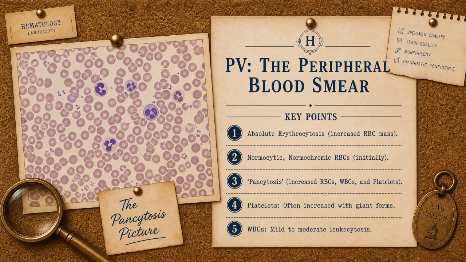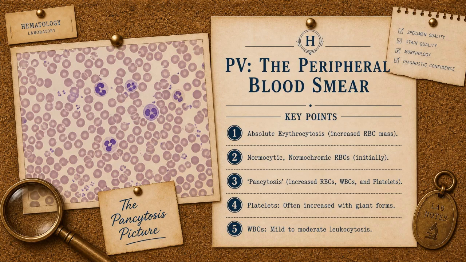Regarding RBC morphology, initially, the red blood cells are typically normochromic and normocytic. However, due to chronic overproduction, patients can develop iron deficiency, leading to hypochromic and microcytic RBCs. While PV is primarily an erythroid disorder, you might also see leukocytosis, specifically a neutrophilia, and sometimes eosinophilia or basophilia.